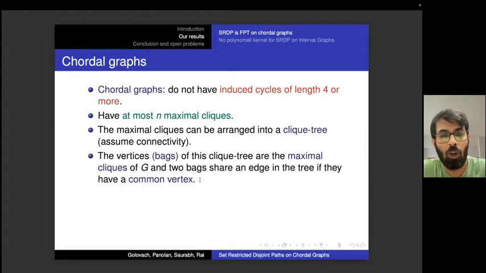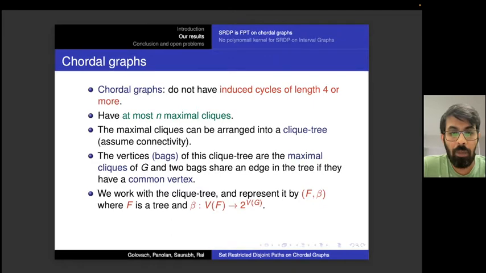A vertex might belong to many maximal cliques in the chordal graph. Since this terminology of vertices can get confusing, we call the vertices of the clique tree bags and the vertices of the original graph vertices.